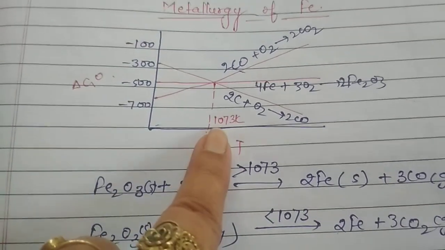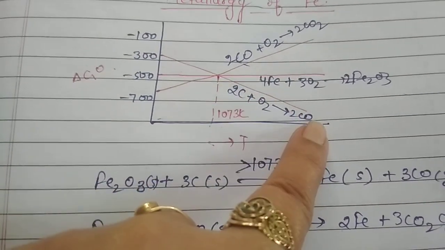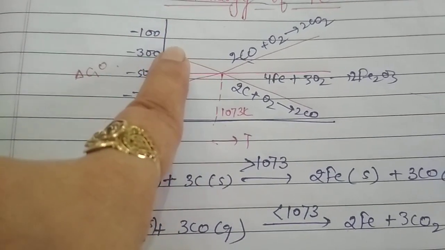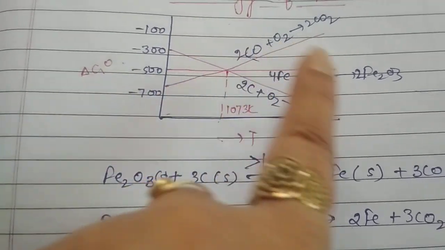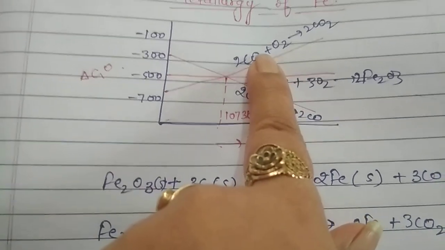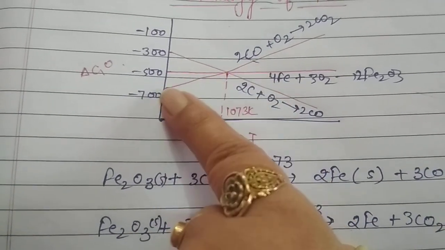Below this particular temperature, this graph, carbon to carbon monoxide, is having less negative value of del G naught than the iron oxide graph, while carbon monoxide is having more negative value, as we are able to see here.